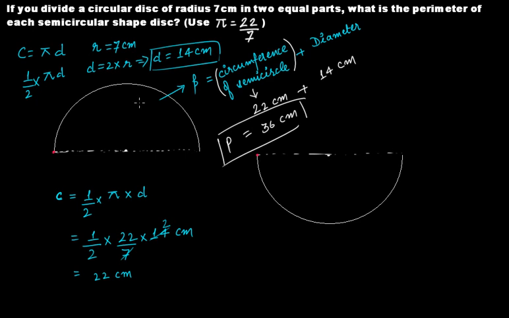So the perimeter of this semicircle is 36. Similarly, the same will be for this one, because this semicircular disc is cut from this one and is of equal part, or of equal size. Therefore, the perimeter for each of these two semicircles will be 36 centimeter.